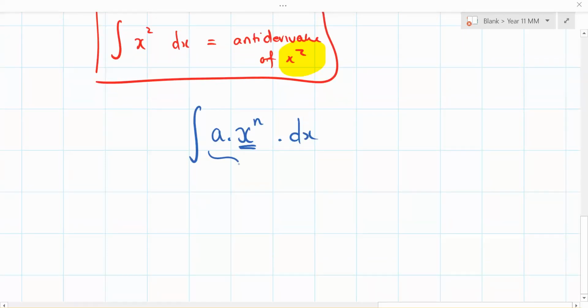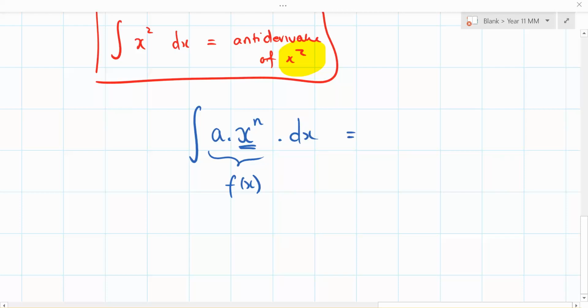The function f of x is a power function, meaning that it's got x to the power of something. x to the power of 2, x to the power of half, x to the power of -1, whatever it is. Actually, it can't be -1. That's another story. So f of x could be x to the power of anything but -1.